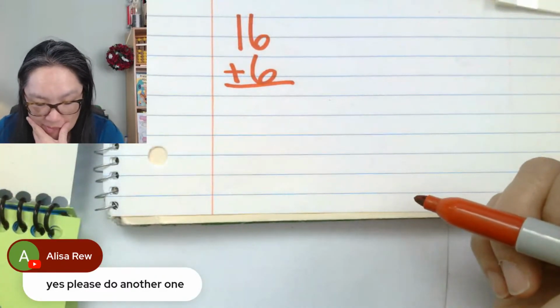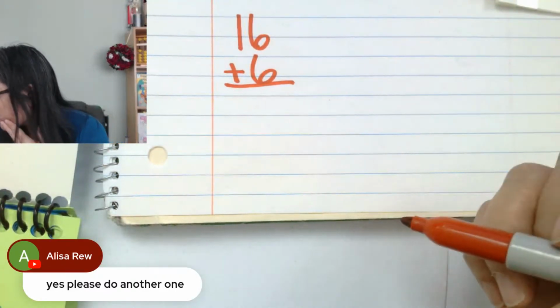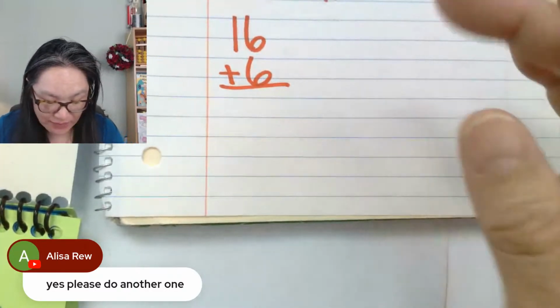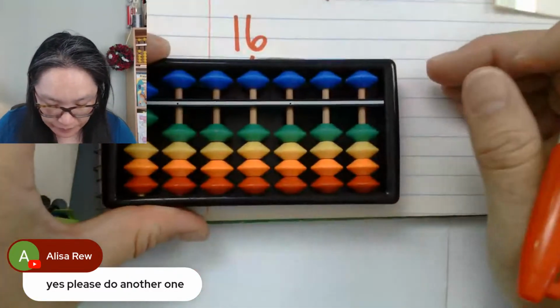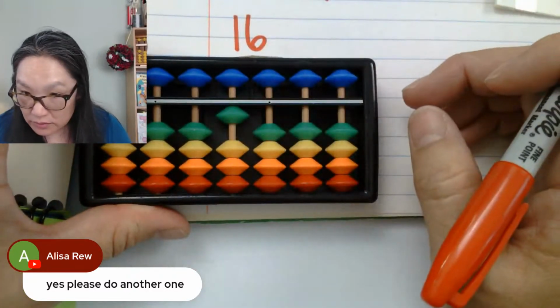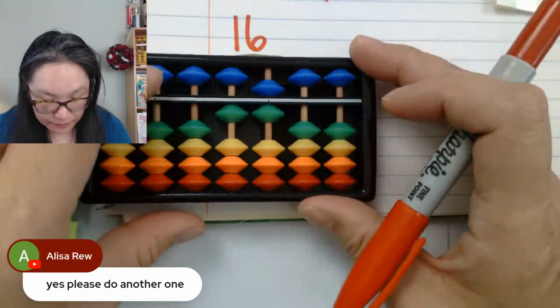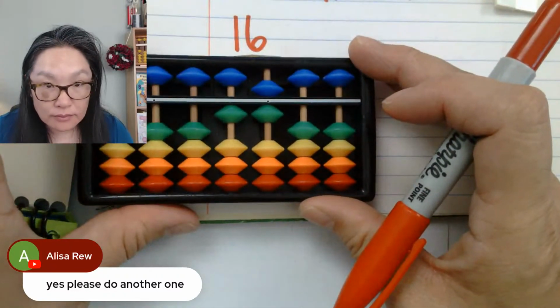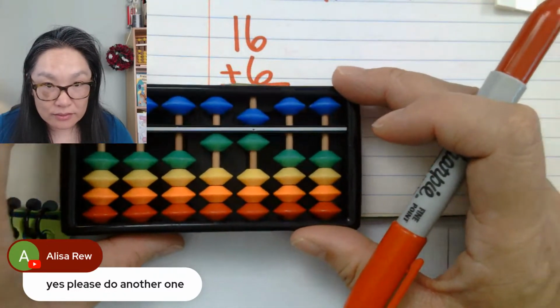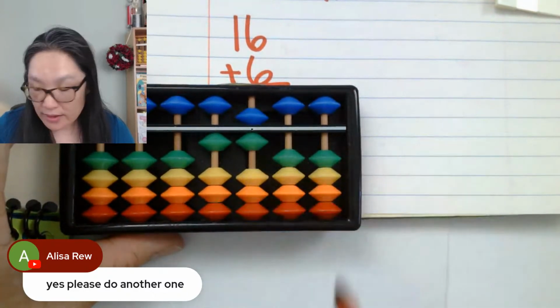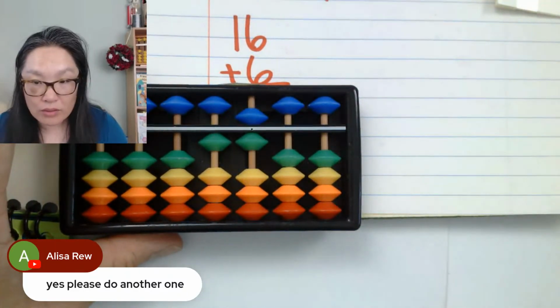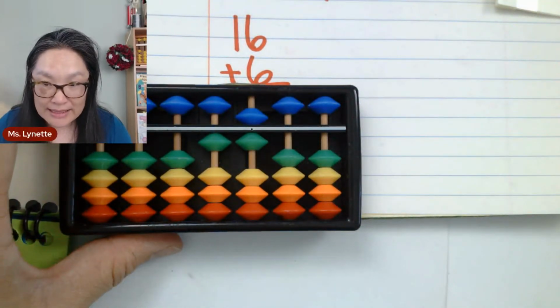16 plus 6. Actually, we don't even need to do 16, but that's fine. So we have 1 and we have 6. We're going to add another 6. We don't have any more beads to add a 6.